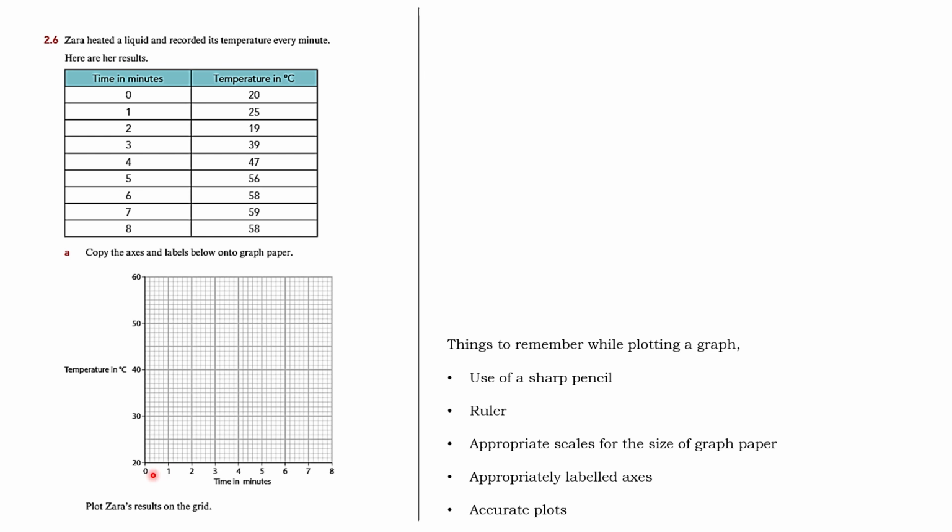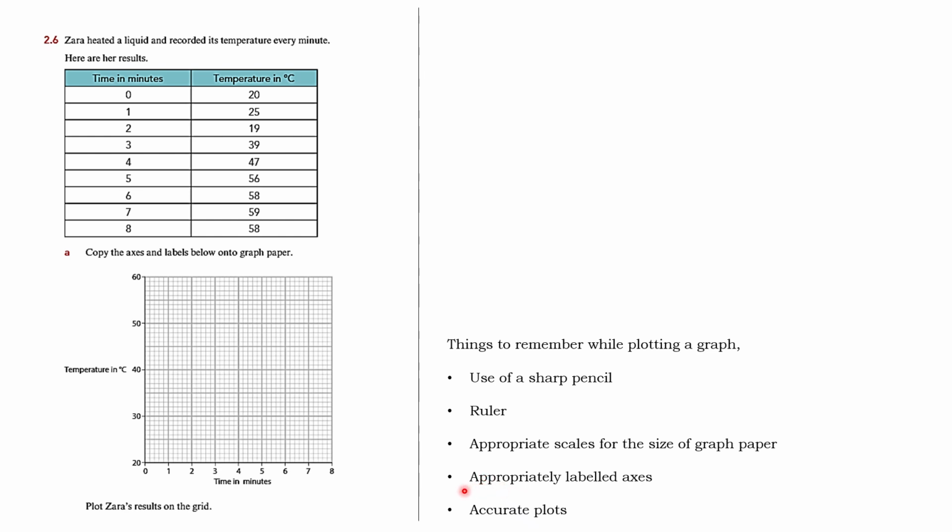But suppose instead of using this 1 unit difference, if you use 2 unit difference, then what will happen? This part of the graph paper will remain unused, and it will not be considered as an appropriate or ideal graph, because you have to make sure to cover the graph paper. So hence, according to the size of your graph paper, you have to decide the scale.